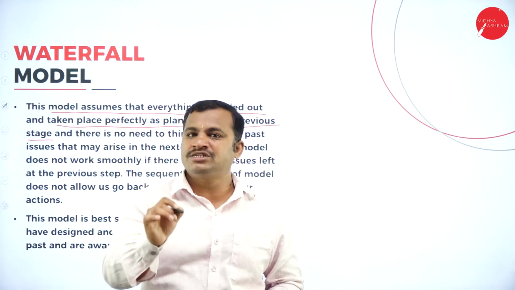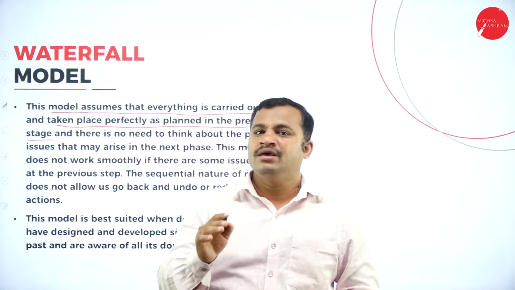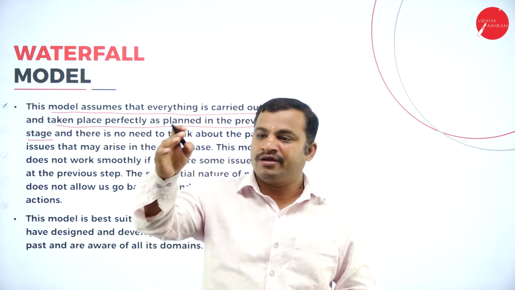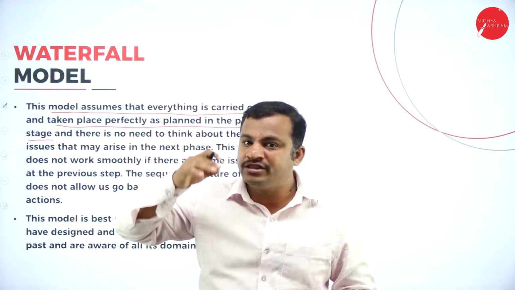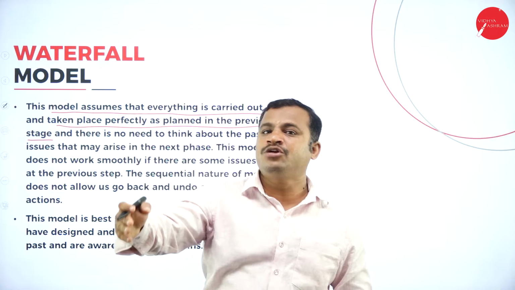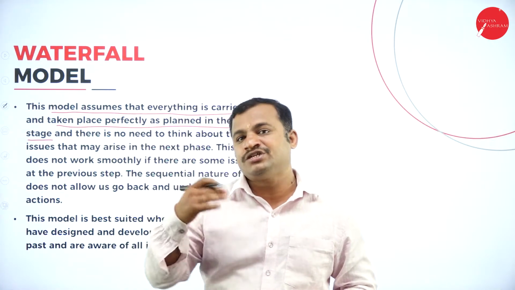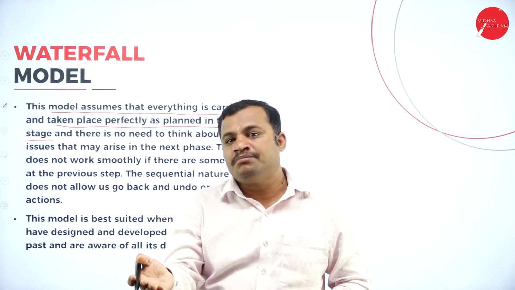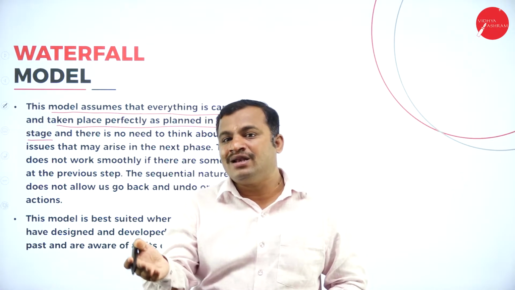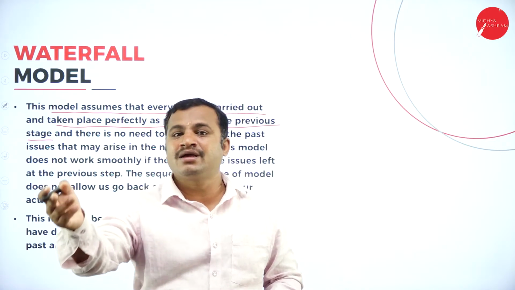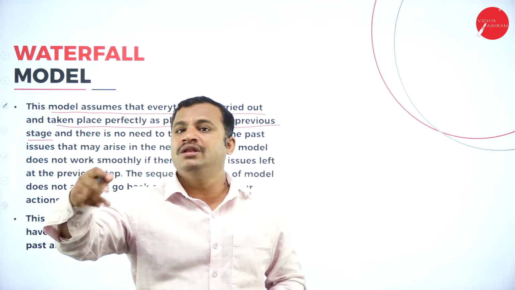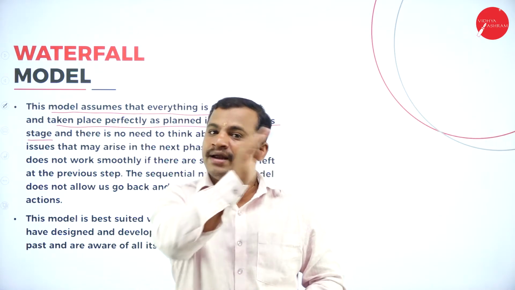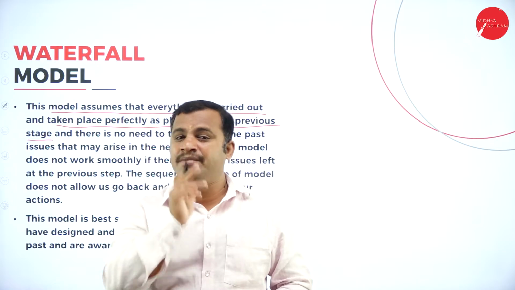Once the requirements gathering is completed successfully according to the planning, that is according to the requirements of a client, if every requirement of a client is collected, then we go to the system analysis and design. But it is very difficult at a later time when the client comes back and approaches for new changes to the existing system. Then it is very difficult to go back and make the changes. That is the main drawback.